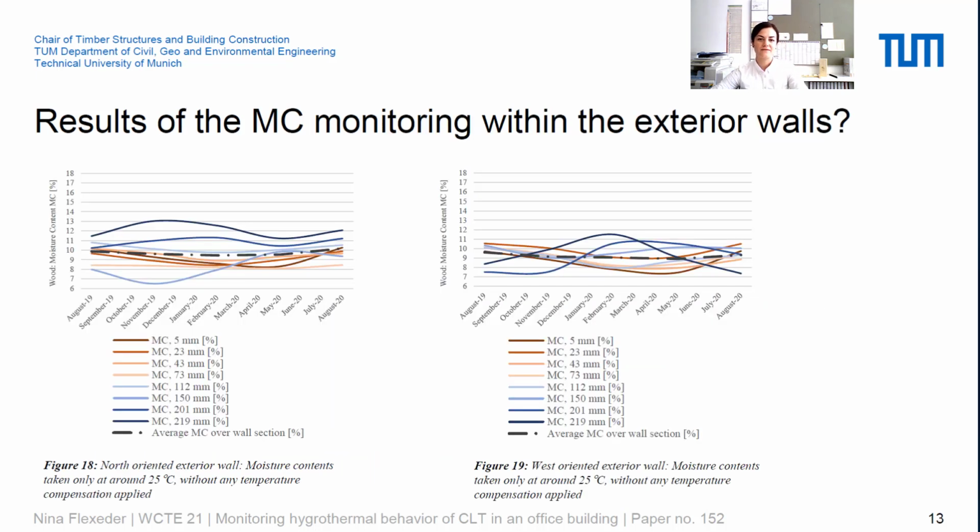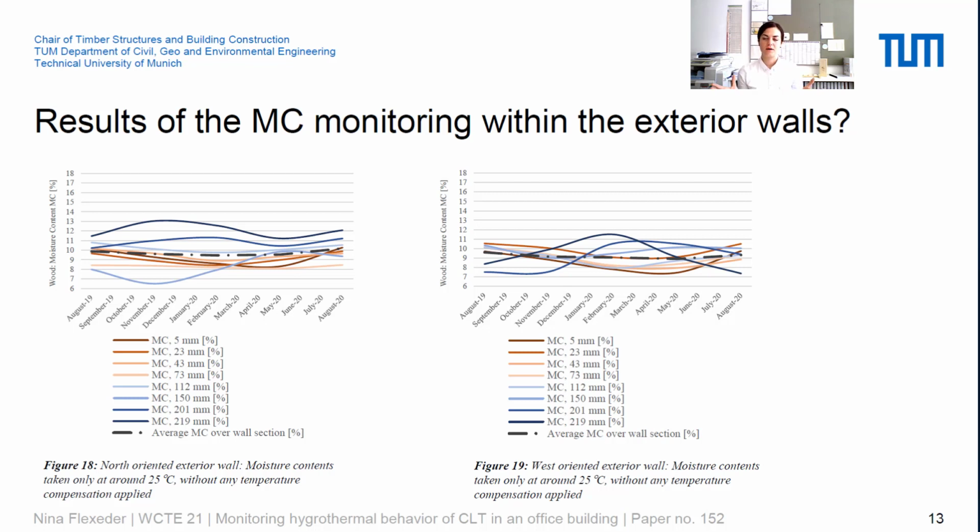So here we have the results coming from the measurements of electrical resistance within the cross wall section during the whole year.